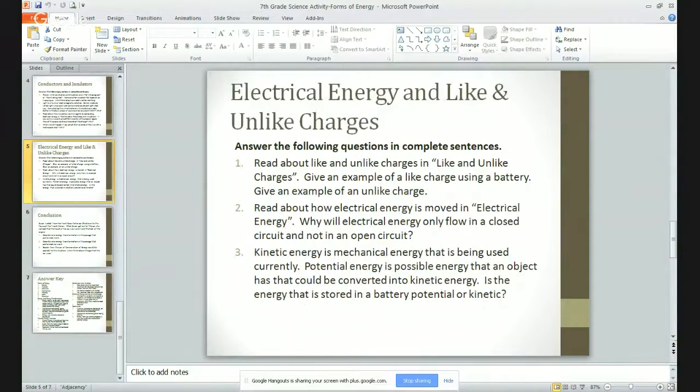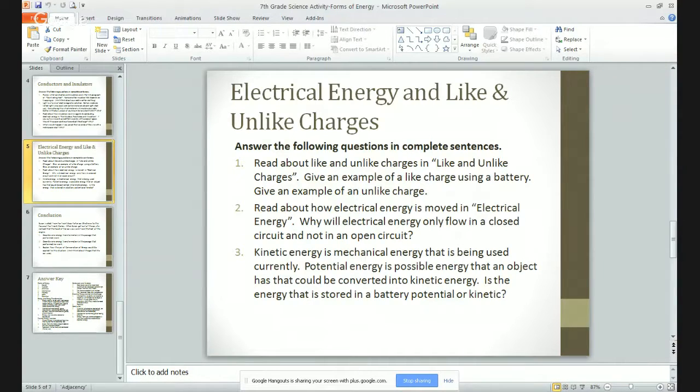Electrical energy. So the next one is the electrical energy and like and unlike charges. So this one, I know in the past has been a little confusing, the like and unlike charges. Like meaning two positives, unlike, our dogs like to bark.